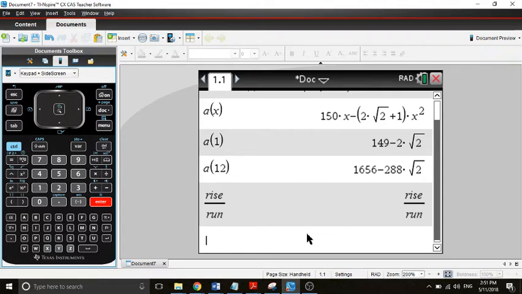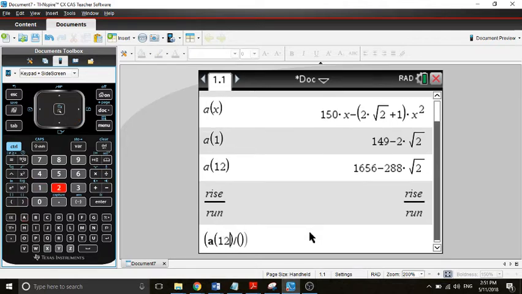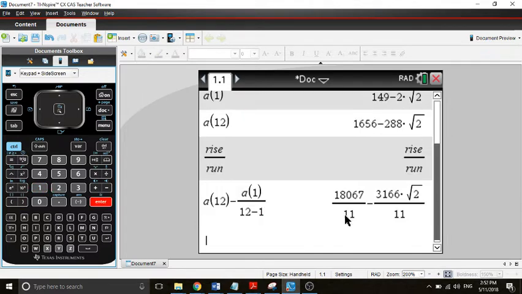So we say A of 12 minus A of 1, and we divide that by 12 minus 1.